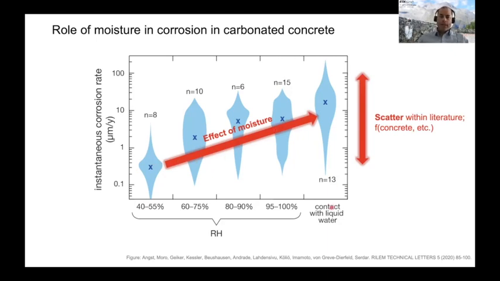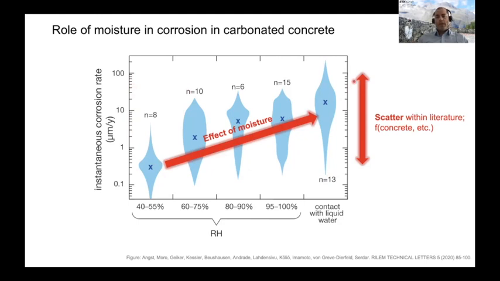You get the highest corrosion rates if the sample is in contact with liquid water. But as I said initially, even under these conditions, the average corrosion rates are of the order of 10 micrometer per year, sometimes lower and sometimes a bit higher.